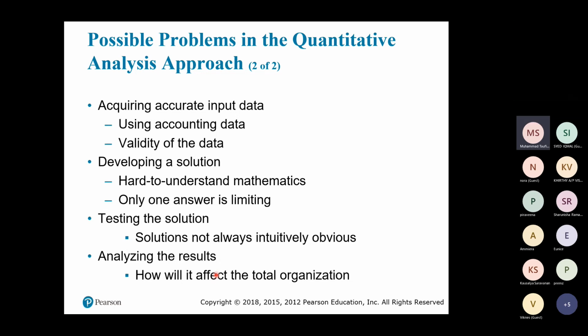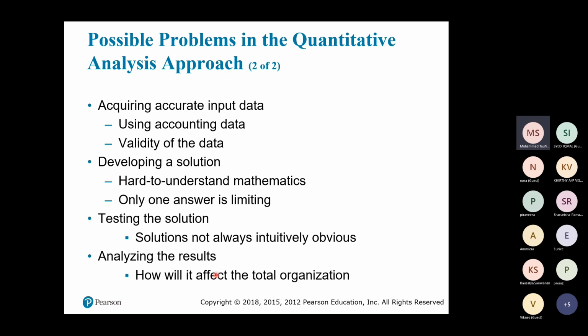The best way for quantitative analysis is that you are able to identify all the effects on your organization based on the solution. But as human beings, our knowledge is limited, and we can only identify some of it.